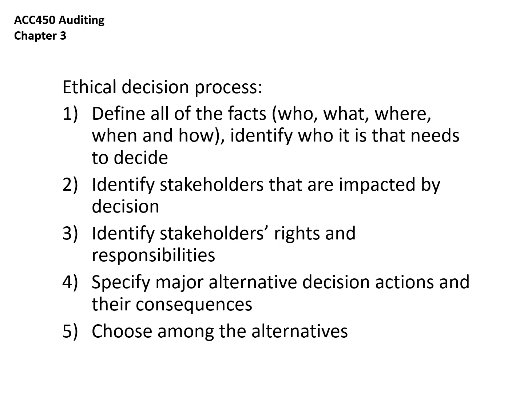So who is impacted by the outcome of a particular decision? Next, identify the rights and responsibilities of each of those people, both in general and to each other. Next, identify what the alternative actions could be. So I can do A, B, C, or D, and these are the consequences of each of those, and then choose among those alternatives. So kind of a structured process to it.